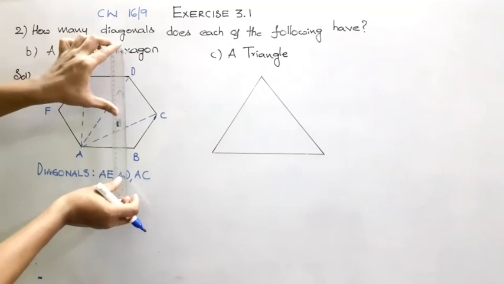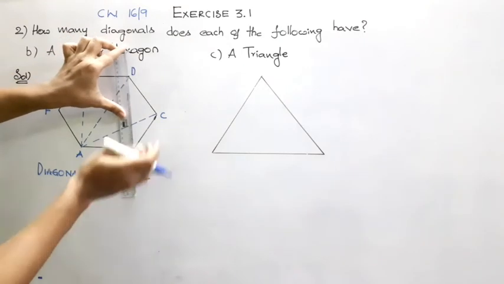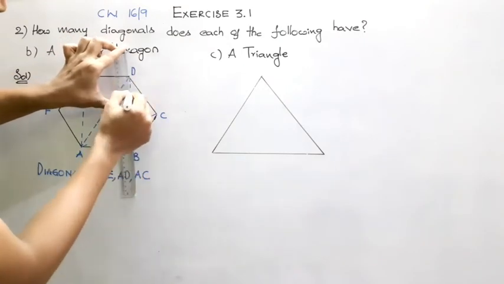Now let us check from B. BD is going to be one diagonal.